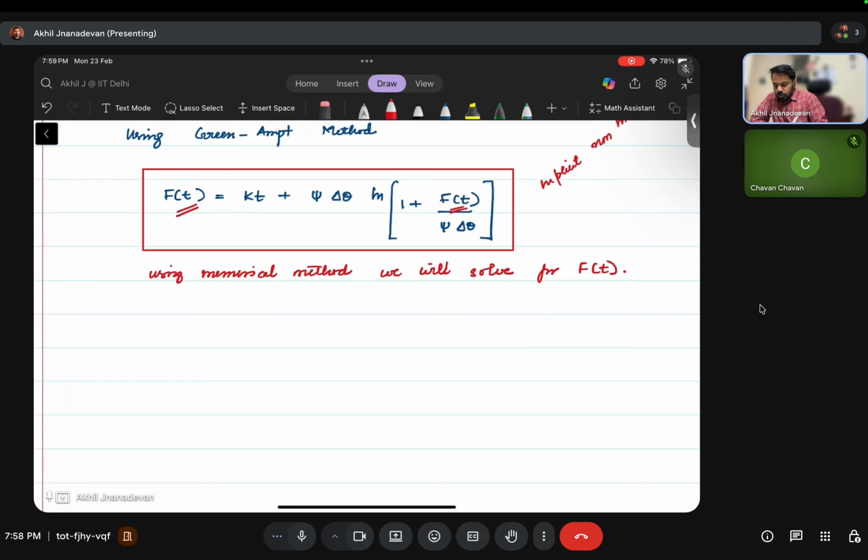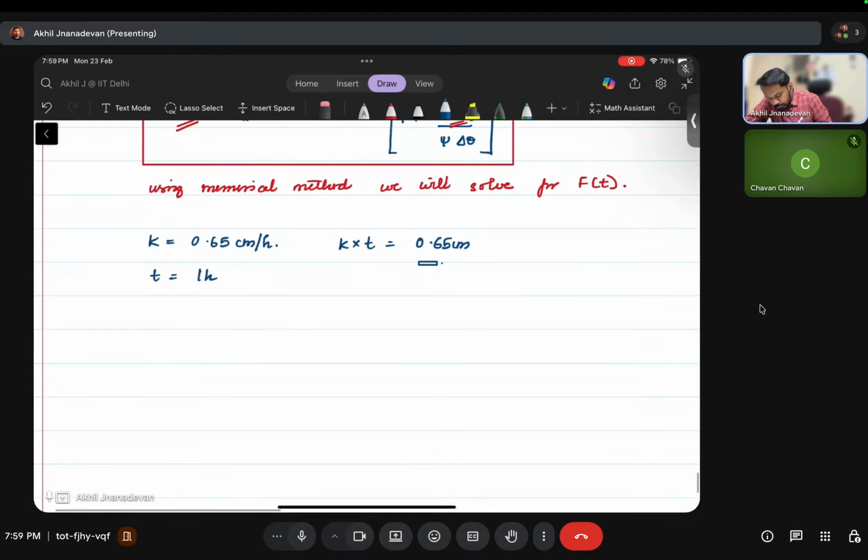The hydraulic conductivity K is given in the question as 0.65 centimeter per hour, and we are asked to find the infiltration after 1 hour, so t is 1 hour. So K into t will be 0.65 centimeter, and we can directly substitute that here.